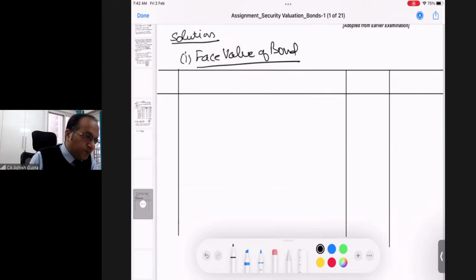Okay. First of all, current market price.